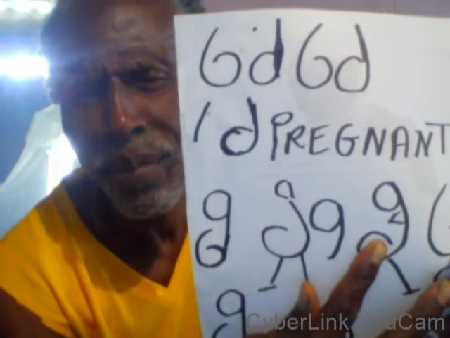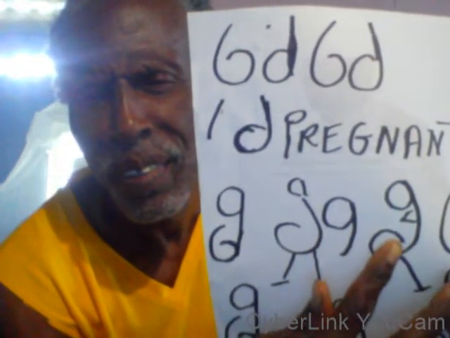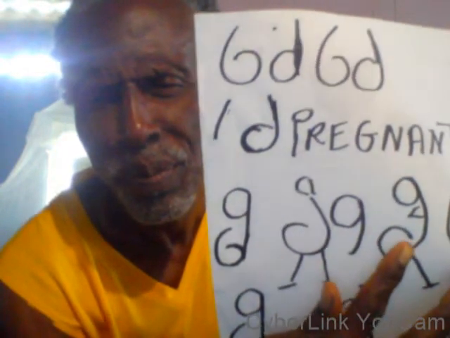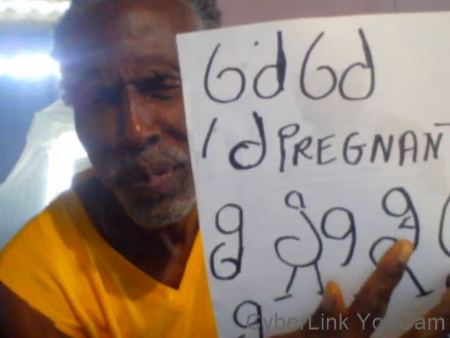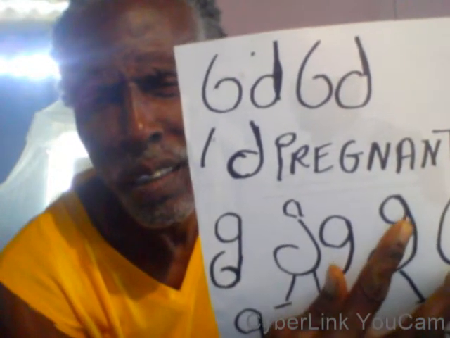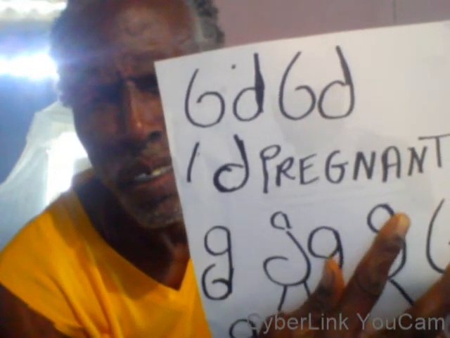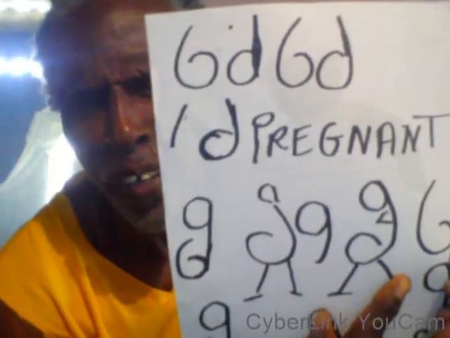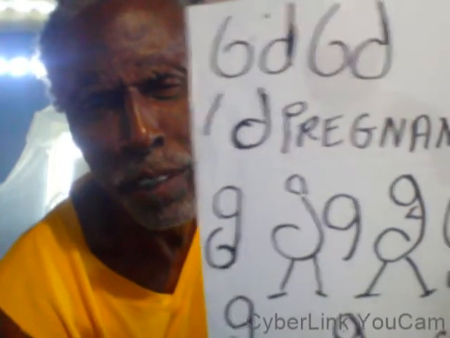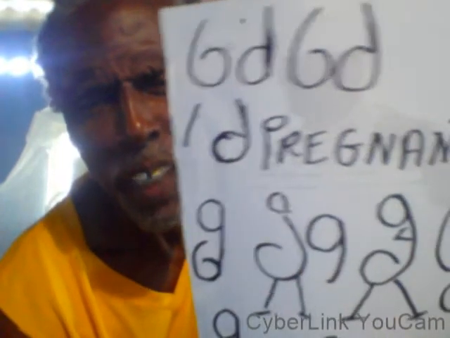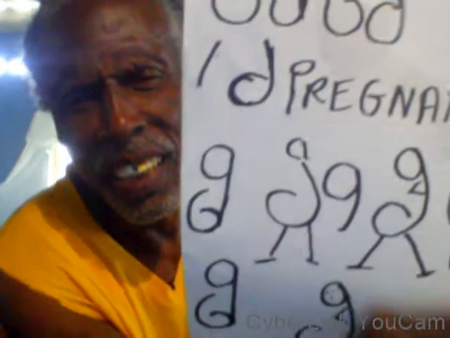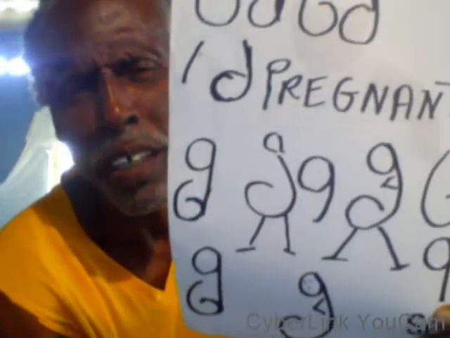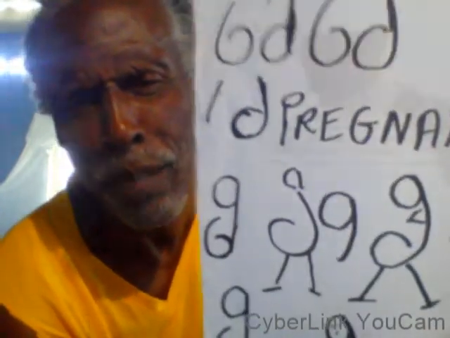The belly, the woman's breast, and her head. These are her feet, right? Pregnancy. Okay, and now you have the 6 opposite, around top and bottom.